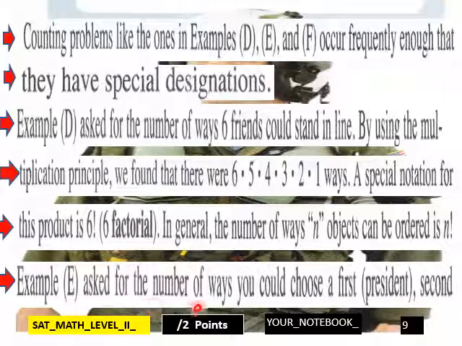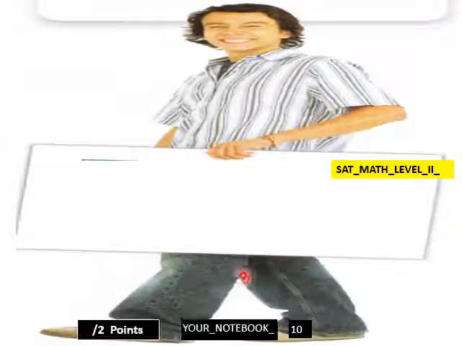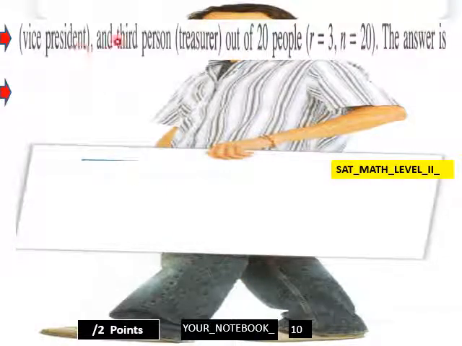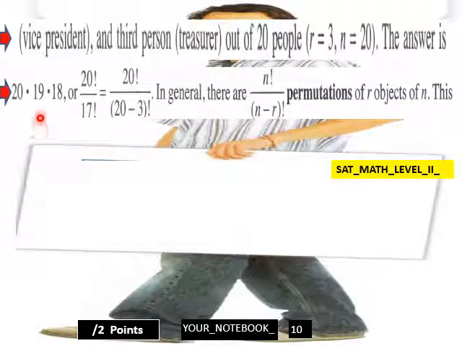Example E asks for the number of ways you could choose a president, a vice president, and a treasurer out of 20 people. So r equals 3, n equals 20. So we need to choose 3 out of 20. The answer is 20 times 19 times 18, or 20 factorial over 17 factorial.